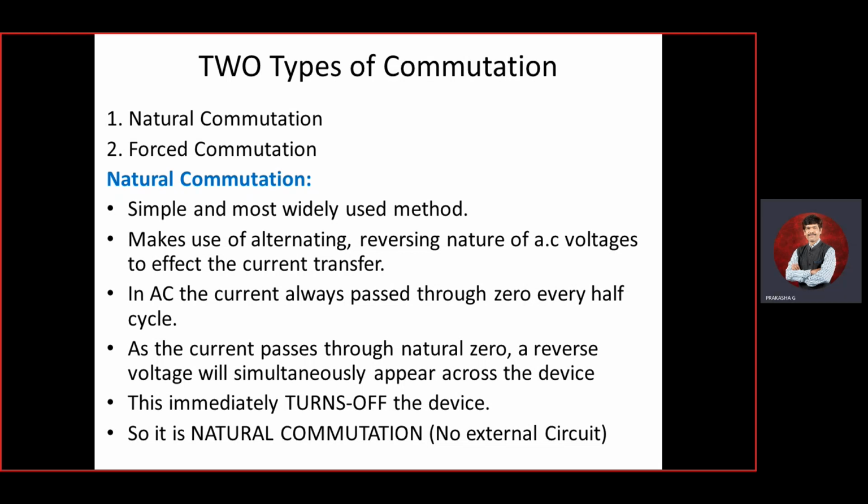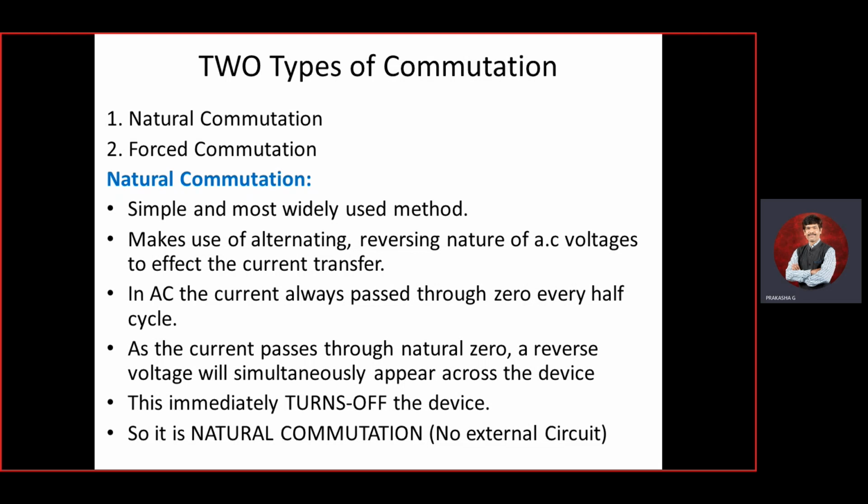For the first half cycle, it goes positive and comes back to 0. Then in the second half cycle, from 0 it once again goes to negative maximum, then comes back to 0. So in alternating current, the current is not forced by anyone, not forced by the circuit, not forced by any device connected to it. By nature, it is crossing the 0 for every half cycle.